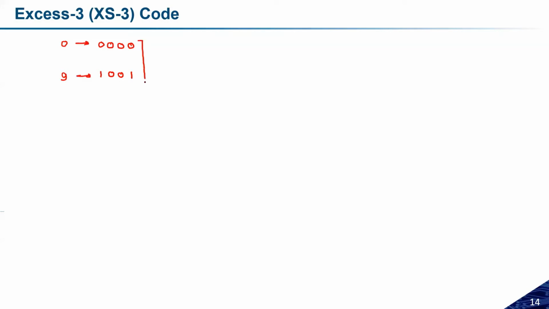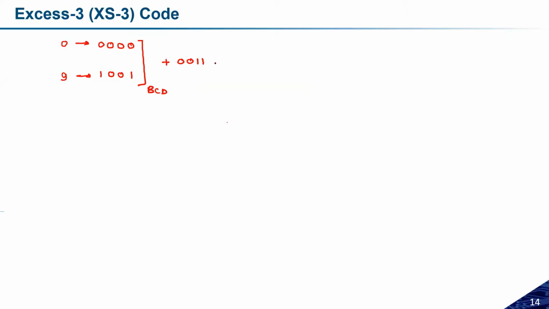So this is the BCD. Now let us talk about what the Excess-3 code is. If we add +3 on the BCD code, which is 0011, then it becomes the Excess-3 code. Why we are adding +3 and what the importance of this code is, I will tell you later on.